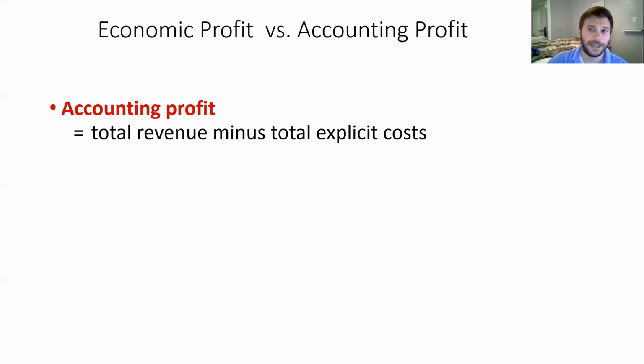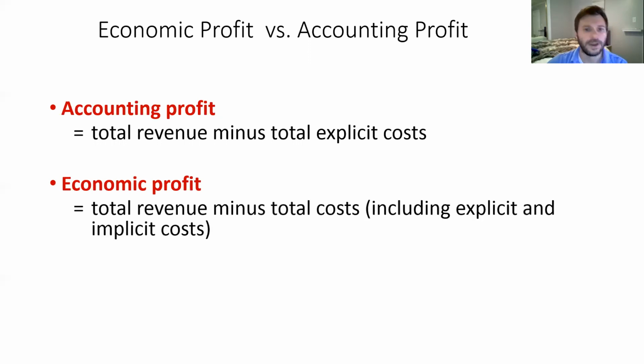So when an accountant calculates profit, they take total revenue minus only the total explicit costs, but they do not account for implicit costs, which are a little bit more abstract. Economists, on the other hand, are a little bit better at thinking about the full cost of a decision. So when an economist calculates profit, they're taking the same total revenue, they're subtracting out the explicit costs just like the accountant, but they will also subtract out the implicit costs.